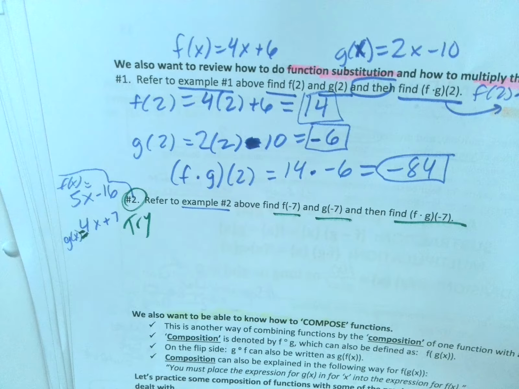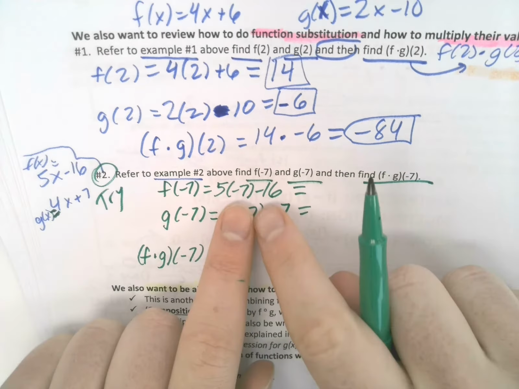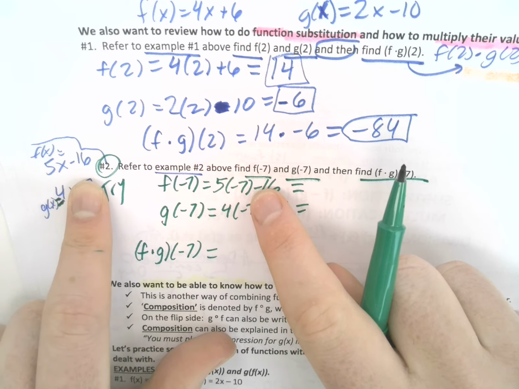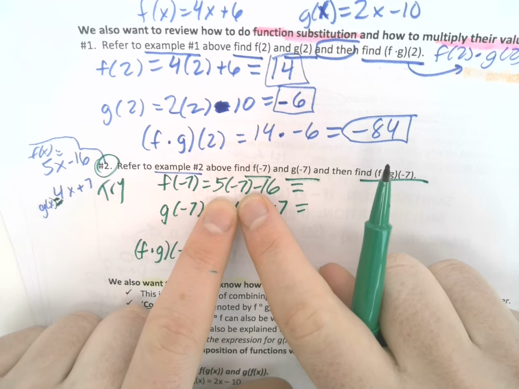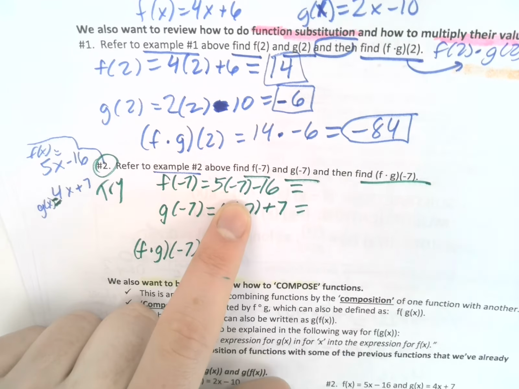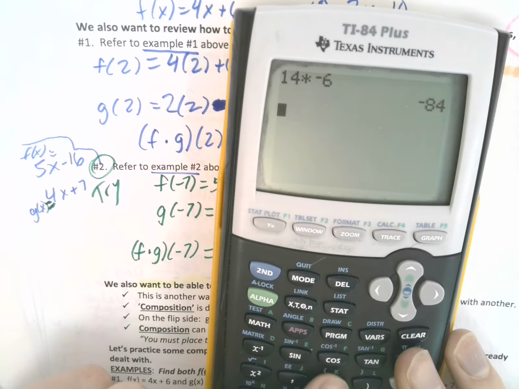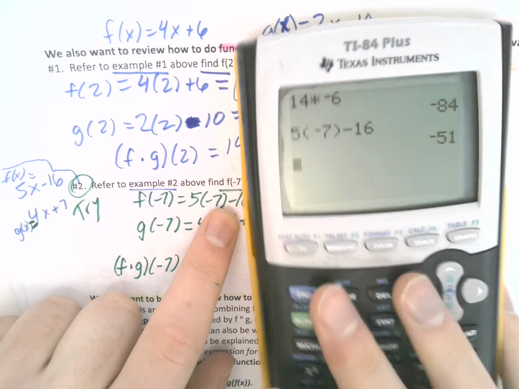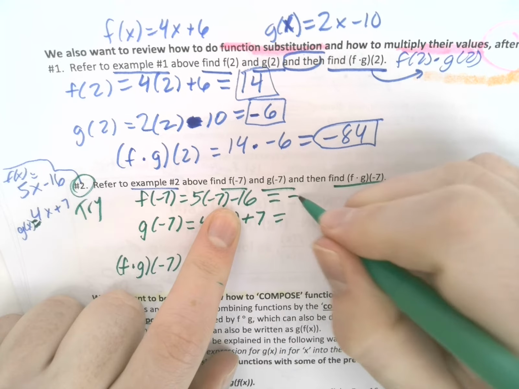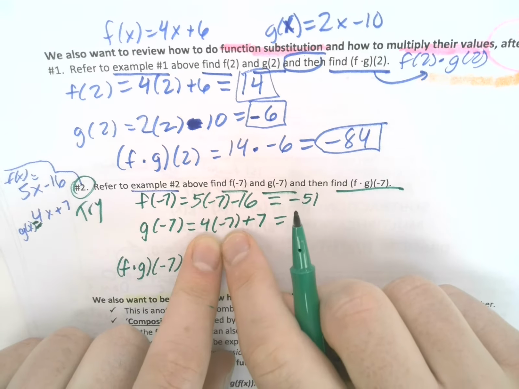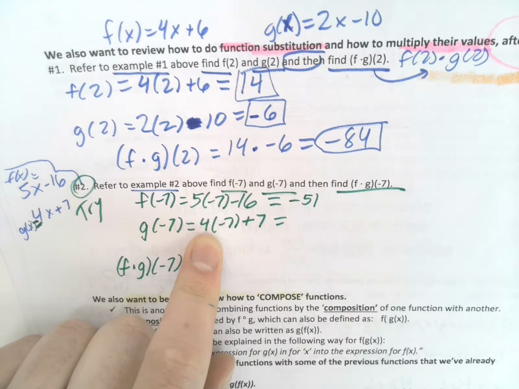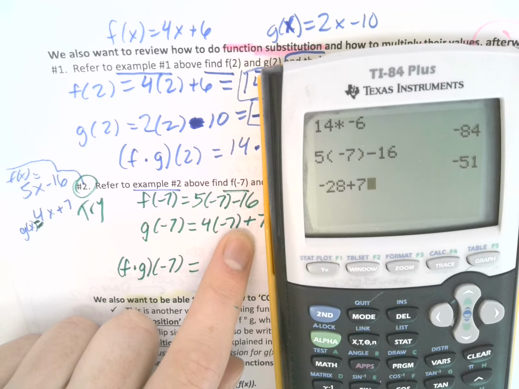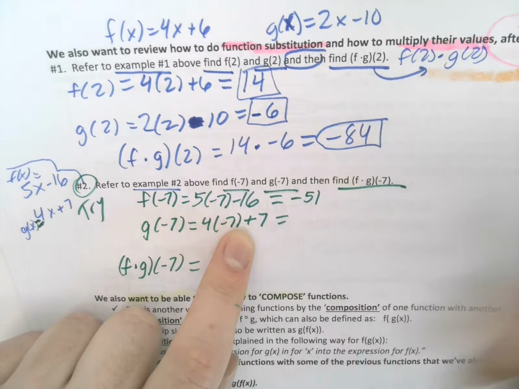Go ahead. All right, let's see here, guys. So to find f of negative 7, we plug negative 7 in for our function. So that'd be negative 35 minus 16, or you just type it all in. Be negative 51. Then 4 times negative 7, that'll be negative 28 plus 7, negative 21.